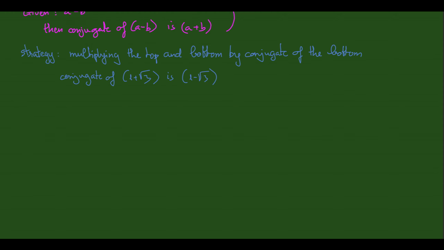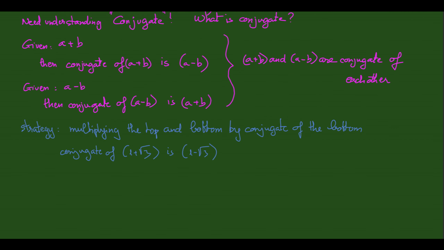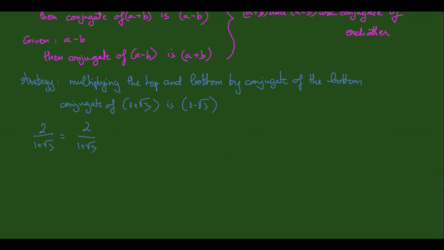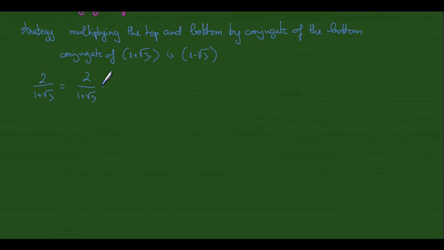Then, after we know the conjugate already, I can rationalize this. So let's rewrite the question. I'm going to multiply the top and the bottom by the conjugate of this, so I mean by 1 minus square root of 3.